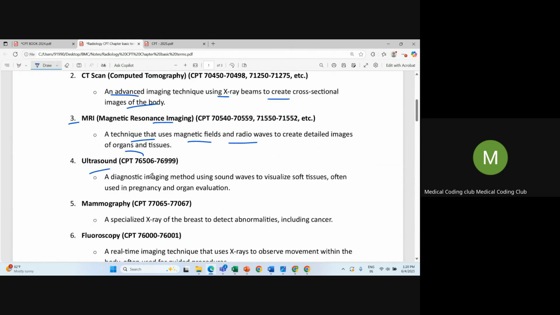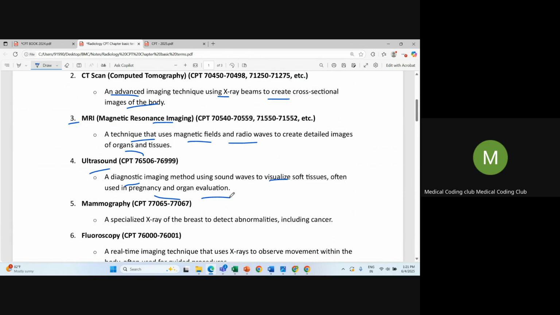Next is ultrasound. Ultrasound is a diagnostic imaging method using sound waves to visualize soft tissue, often used in pregnancy and other evaluation. Okay, so ultrasound is a sound wave based technique, and it is completely safe and radiation free.